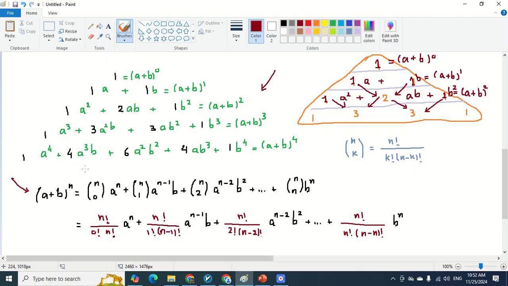This combination has the following meaning. The combination of k chosen out of n is n factorial over k factorial times (n minus k) factorial. In other words, 0 chosen out of n can be written as n factorial over 0 factorial times (n minus 0) factorial.